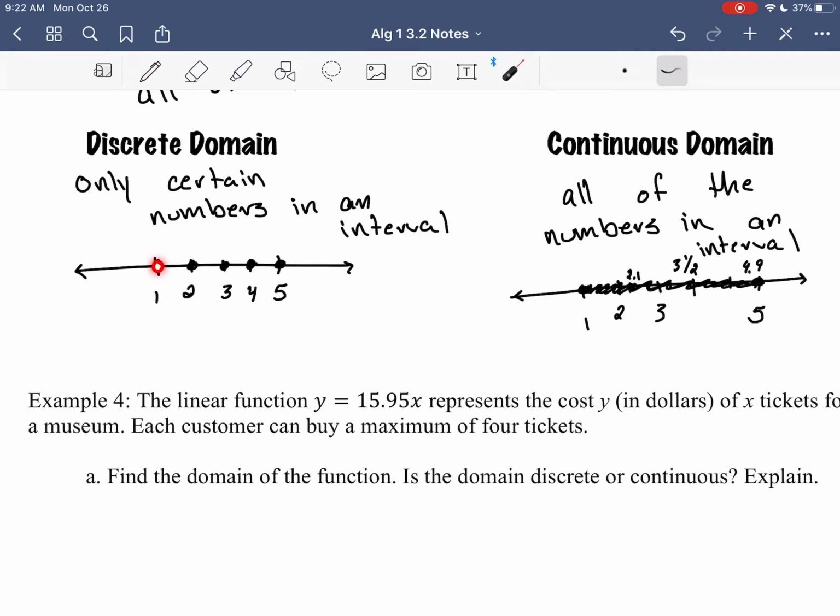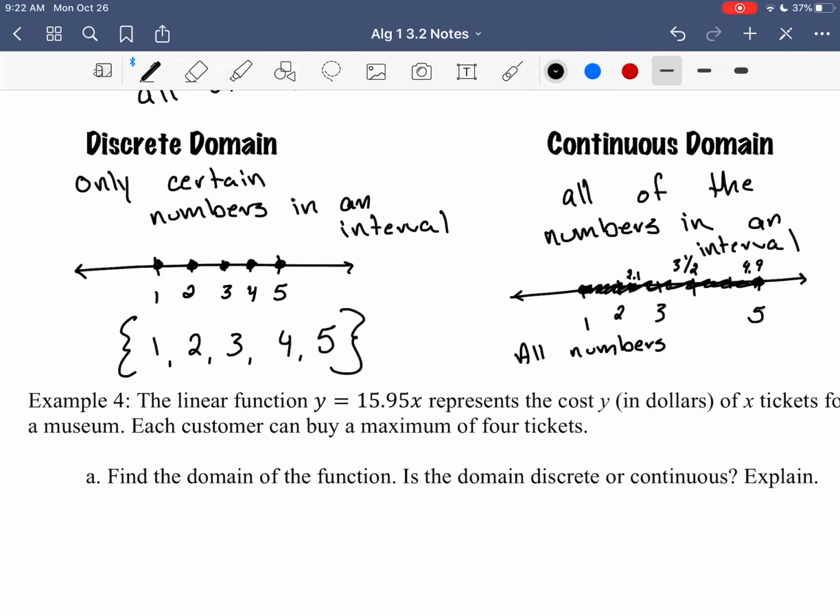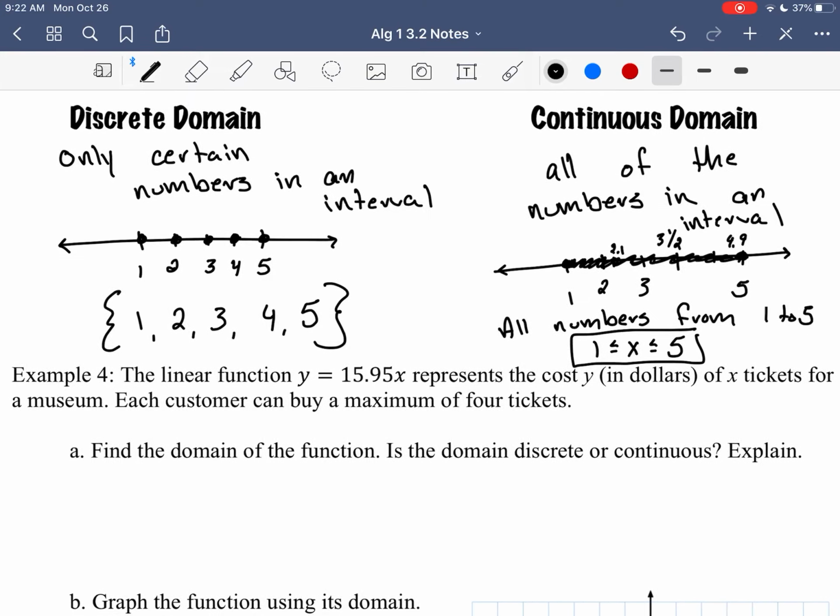So to list a discrete domain, we would just list the numbers 1, 2, 3, 4, and 5. To list a continuous domain, we would have to use inequalities. We could say it in words, all numbers from 1 to 5, or we could write 1 less than or equal to x less than or equal to 5.